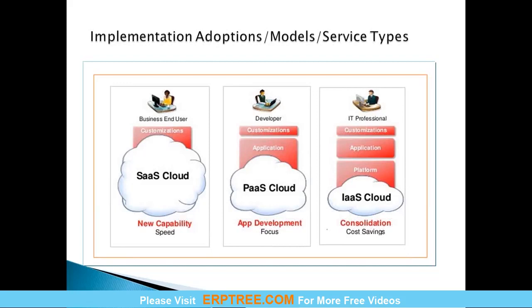You may have different systems, different platforms, and all can be managed by Oracle. Since you are going to get support from a single source, definitely you can save your cost.